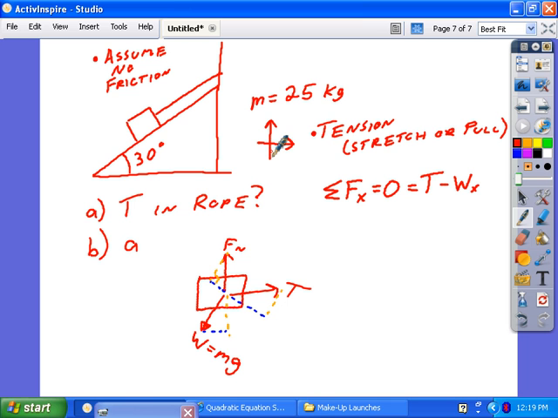Right. Now in this case here, my overall weight is going to be 25 times the acceleration due to gravity. So let me get my handy dandy calculator up here.